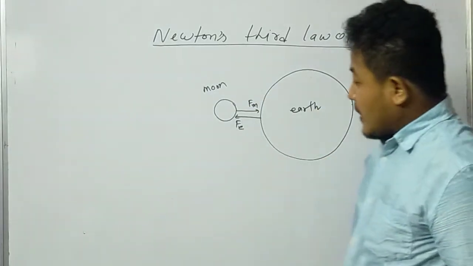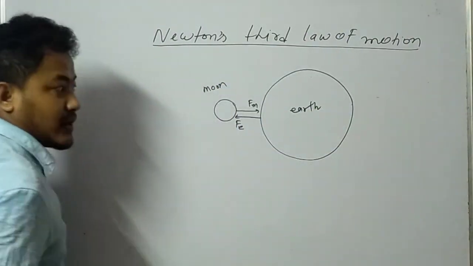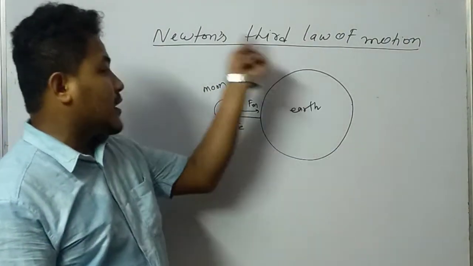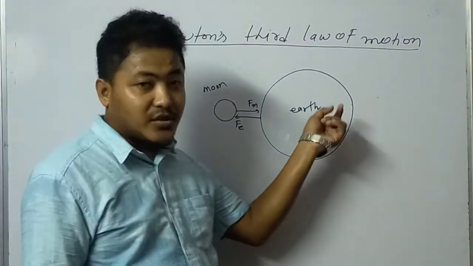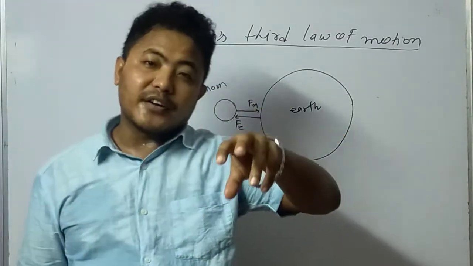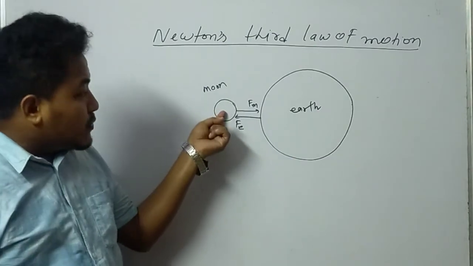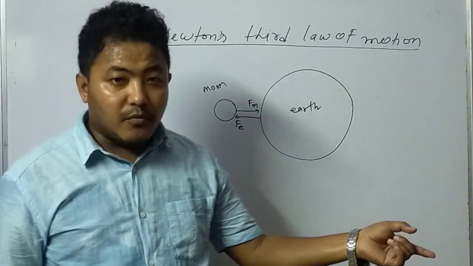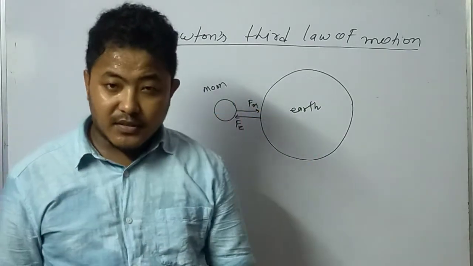But again the question comes: why does the moon move around the earth, and the earth does not move around the moon? It's very simple, because the earth has more mass, hence the inertia of the earth is maximum, and the mass of the moon is very less in comparison to the earth, and the inertia of the moon is less.